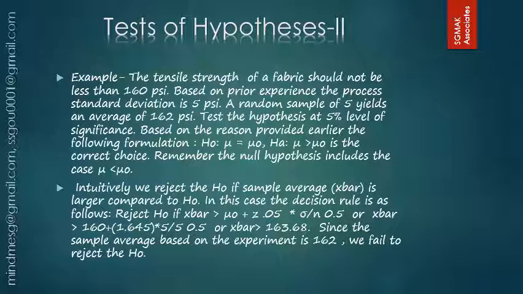So if you get a sample average greater than 163.68, it's too large a value, it's not consistent with null, and we reject the null hypothesis. In this case, sample average based on the experiment is 162, so we fail to reject the null hypothesis because it's less than 163.68.